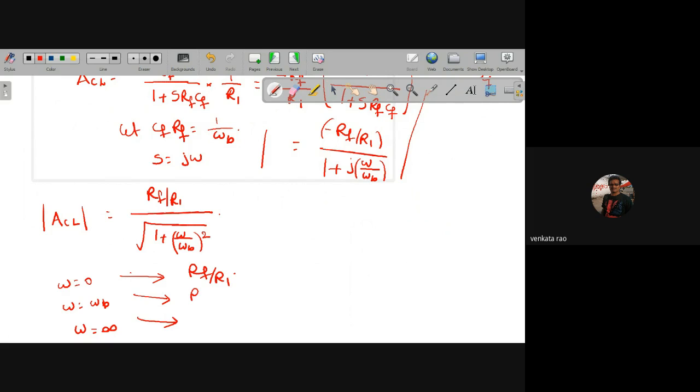For omega equal to omega B, it is RF by R1 by root 2. For omega equal to infinity, 1 plus infinity is infinity, something by infinity became 0. So now the plot became like this.